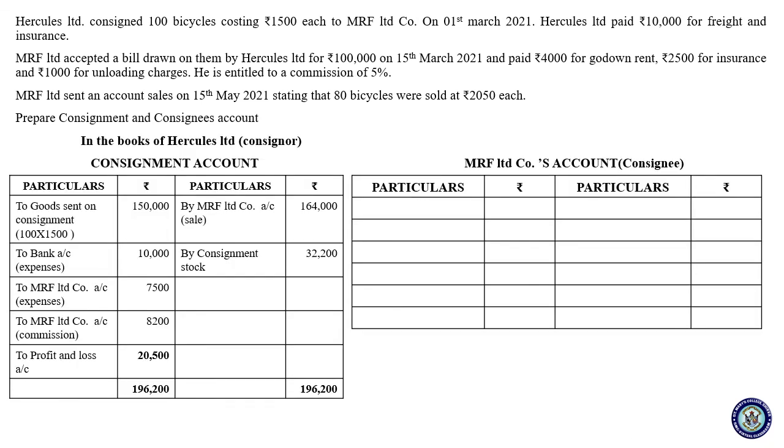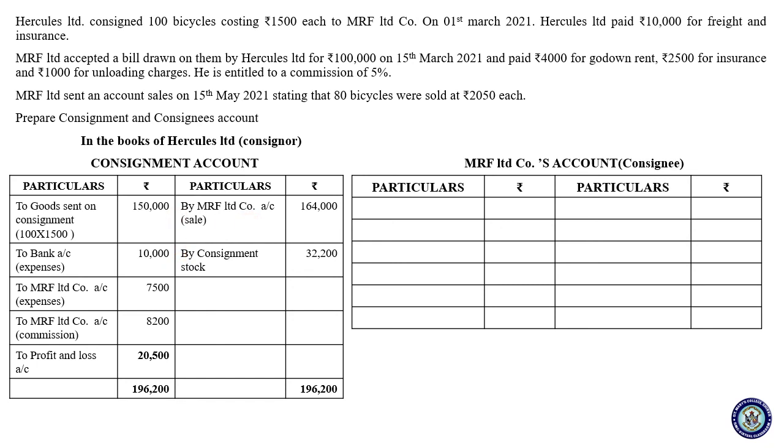So the next one is the consignee's account, that is MRF Limited Company's account. So first you have to transfer the figures, the entries, you have to post them from the consignment. For consignment, you can see on the credit side, there is by MRF Limited.